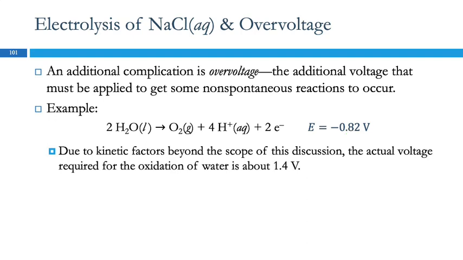But due to kinetic factors beyond the scope of this discussion, the actual voltage is 1.4 volts. So we don't need to understand exactly what's happening. You just have to know that sometimes you need more voltage than you calculate in order to get that going. There's good reasons, and we don't want to go there. Okay?